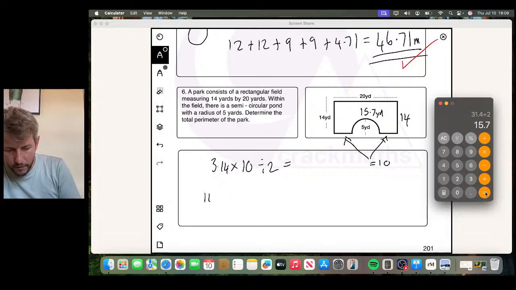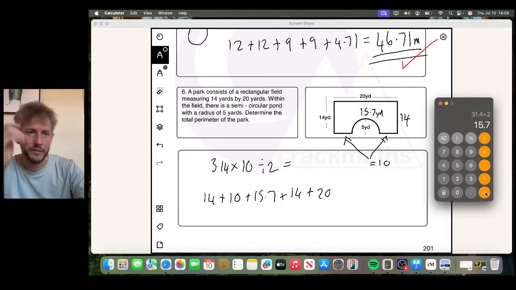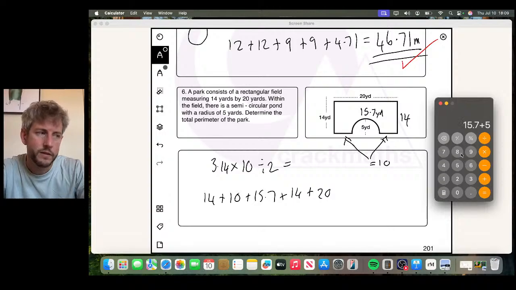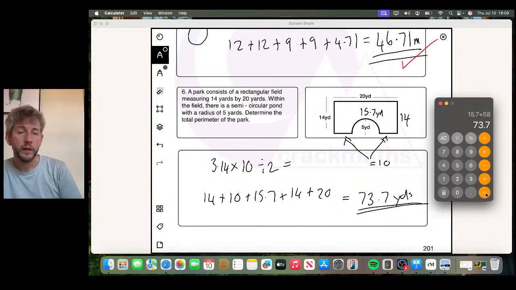We've got 14, add 10, add 15.7, add 14, add 20. 20 add 10 is 30. 14 add 14 is 28. So we're up to 58. Add the 15.7 on here, and that's going to equal 73.7 yards. Right, next one.